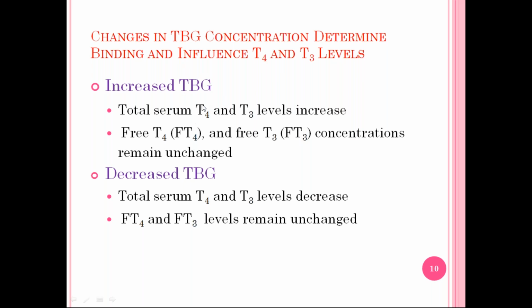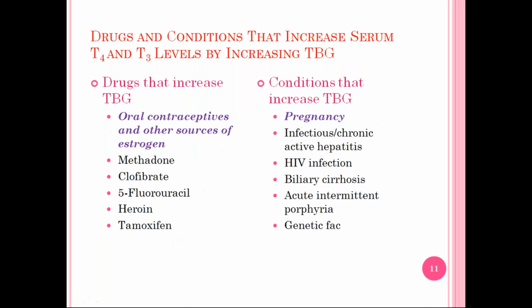So when TBG increases, the total T3 and T4, the bound form, increases, but the free levels don't change. When TBG is decreased, total T3 and T4 will decrease, but free T3 and T4 remain unchanged. That is what the body does.